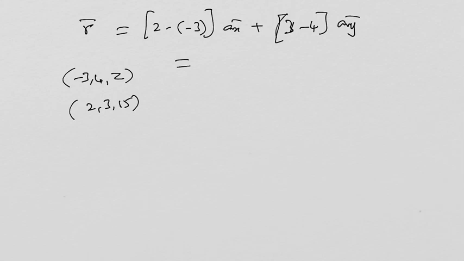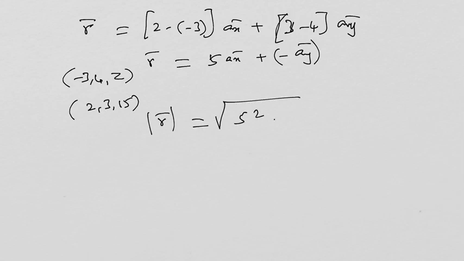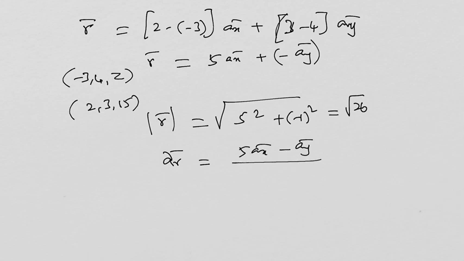So this will become 5AX minus AY. Okay, good. Vector R is ready. What is the magnitude of R? This is equal to square root of 5 squared plus minus 1 whole square, which is equal to root 26. So what is AR? It is 5AX minus AY divided by root 26.